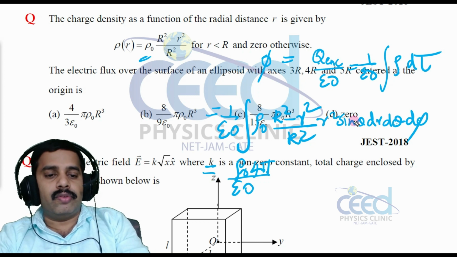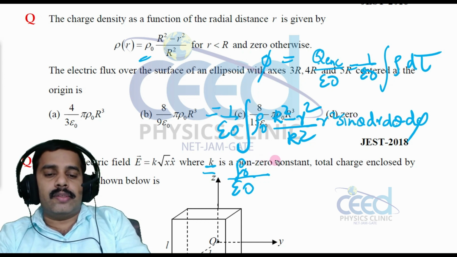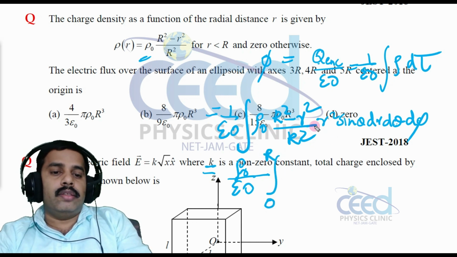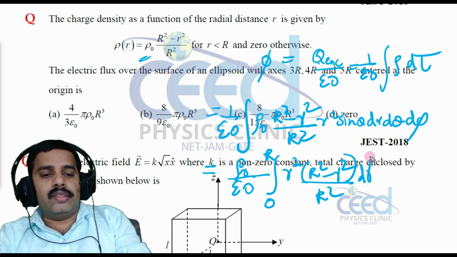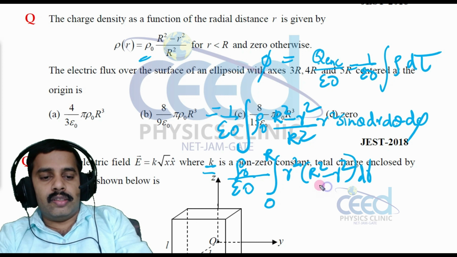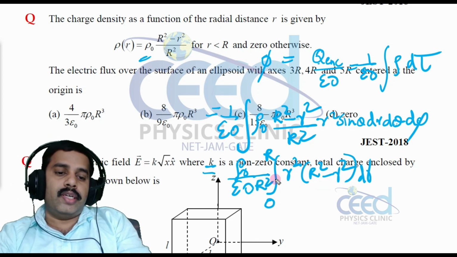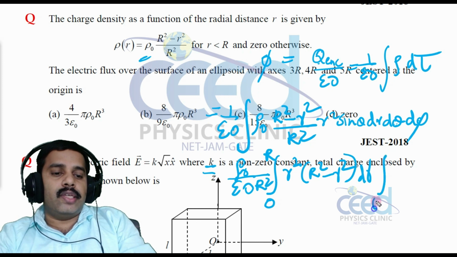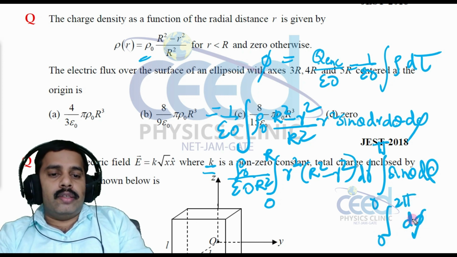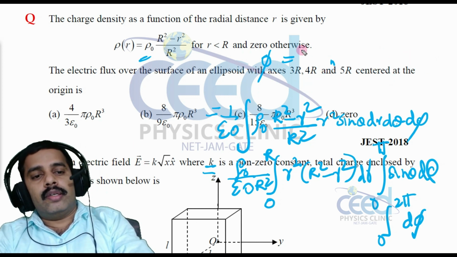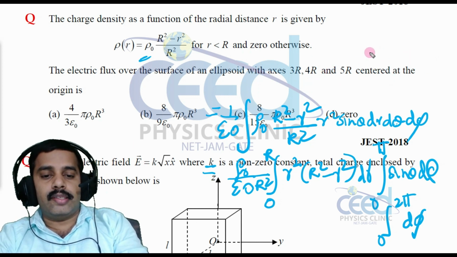So let me show you the limit first: integral 0 to capital R of r square into capital R square minus r square divided by capital R square dr. Capital R square is constant, so we can take it out, and here integral 0 to pi sin theta d theta and integral 0 to 2 pi d phi. Now let me integrate and substitute the limit.